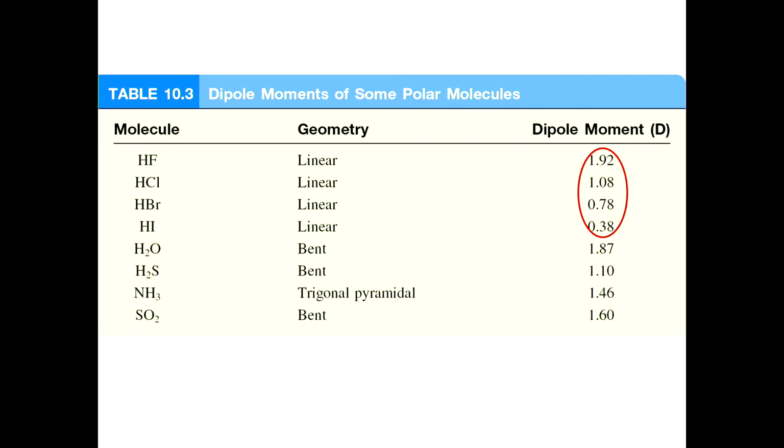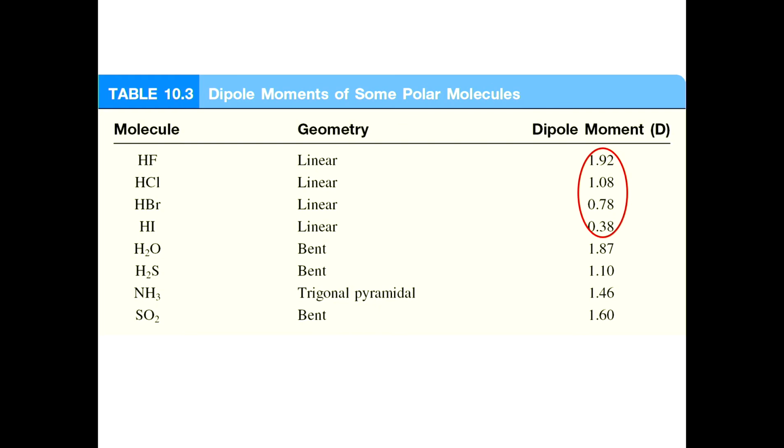Okay. So here we introduced how to determine the geometry of molecules, and then according to their geometries, we can determine whether they are polar or not. Okay. And this table shows the dipole moments of the polar molecules.